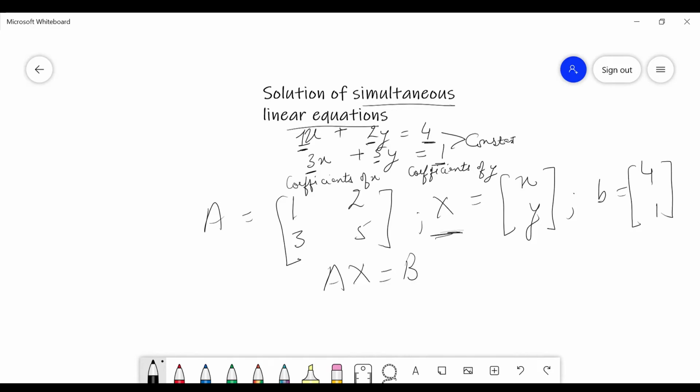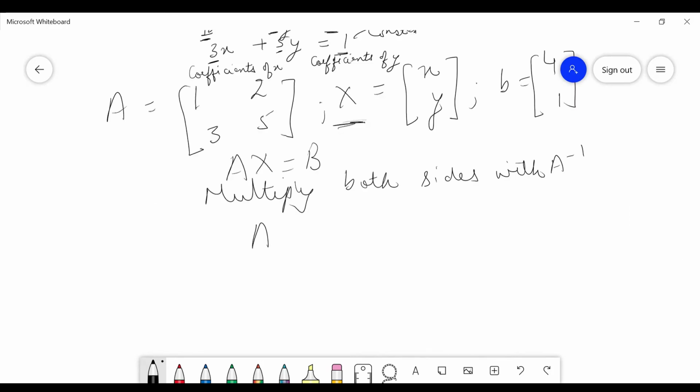What will we do? We will multiply both sides with A inverse. We get A inverse into AX = A inverse into B. We already know that A inverse into A is equal to 1.